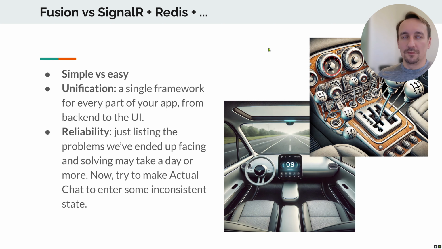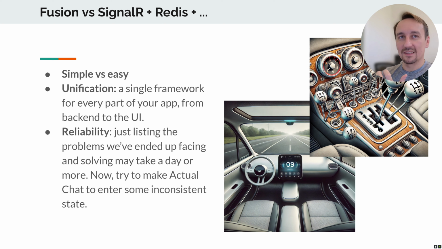Now, what do people typically use to address these real-time scenarios, right? I think one of the most well-known combinations is SignalR plus Redis. So why might you want to use Fusion instead? Well, because it's simple versus easy, and I'll get back to this part later and touch on this topic.